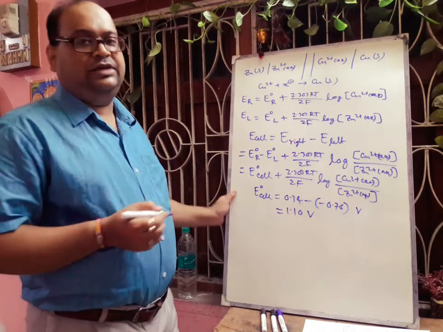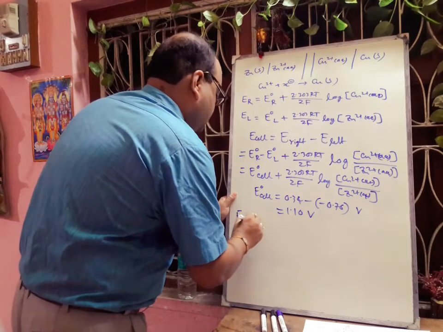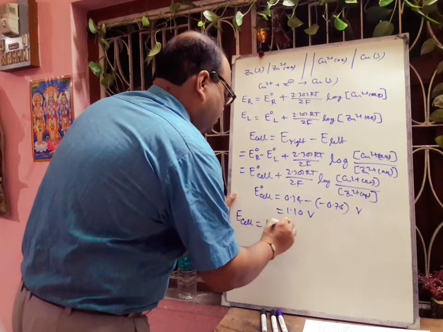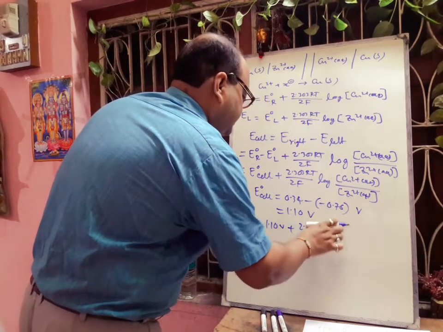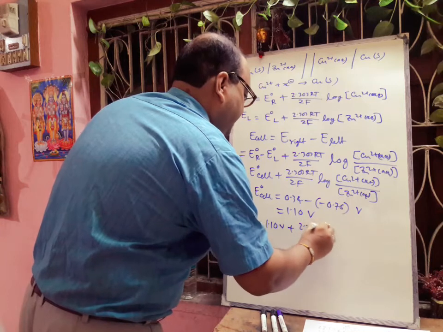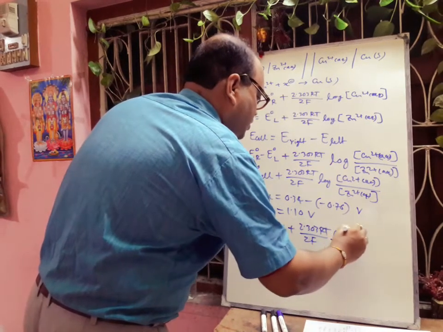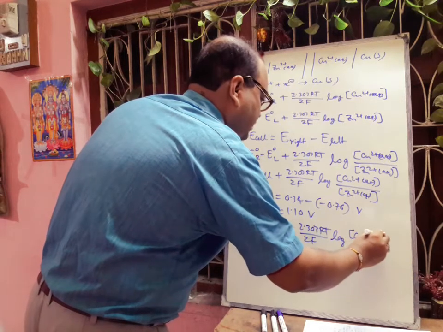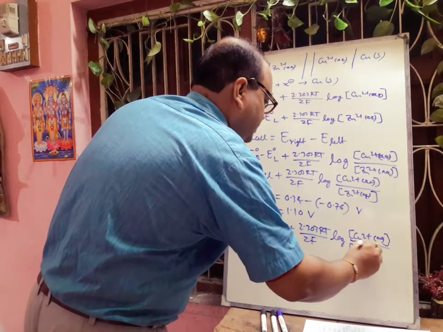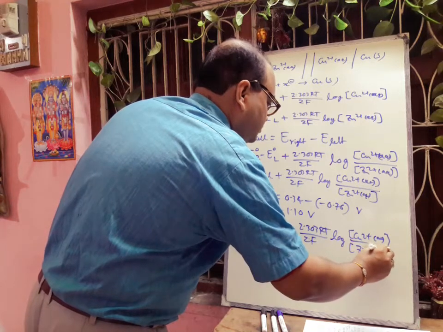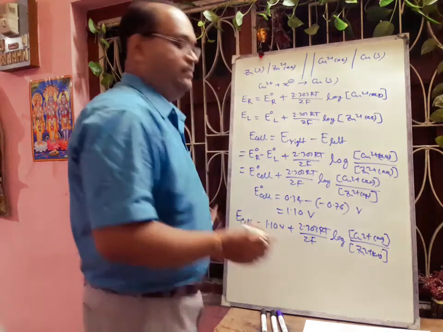Now we will put this in the equation: E cell is equal to 1.10 volt plus 2.303 RT by 2F log concentration of Cu2+ aqueous divided by concentration of Zn2+ aqueous.